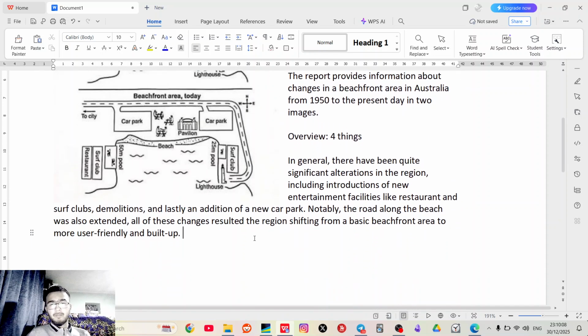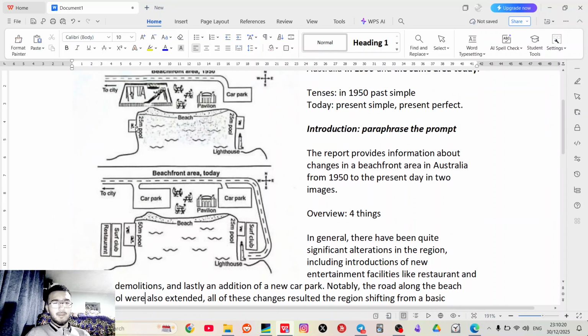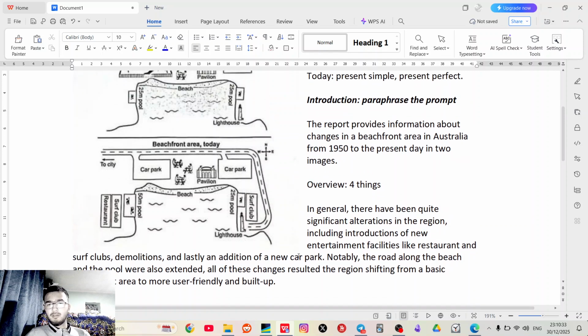The road along the beach and the pool were also extended. As you can see, here we have a 25-meter pool, which is now a 50-meter pool.